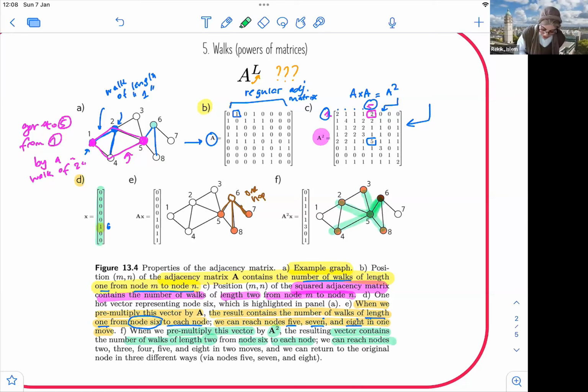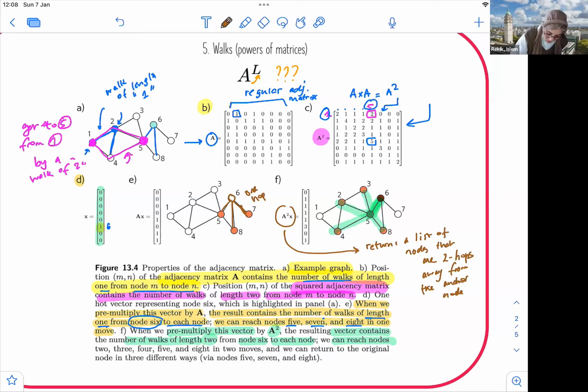So it returns the list of nodes that are 2 hops, or 2 walks, away from the anchor node. The anchor node is node 6 here, and this is really fantastic.